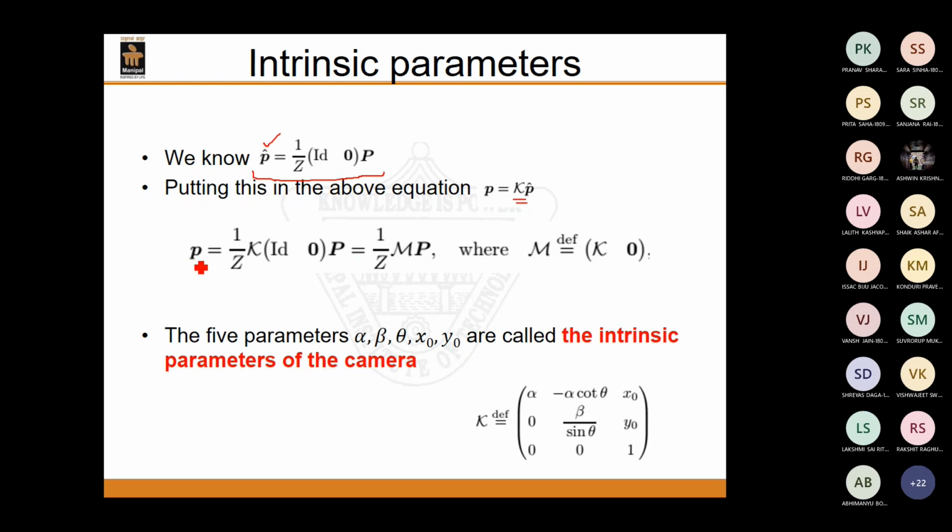On substituting, I can write p is equal to 1 by z K Id 0 P, or this K Id 0 can be represented by capital M. So I can also write small p is equal to 1 by z M P in the general case. The earlier one is the case of a normalized image coordinate.